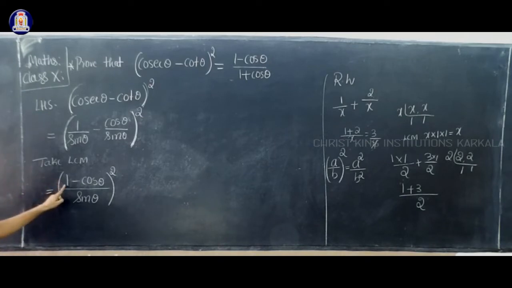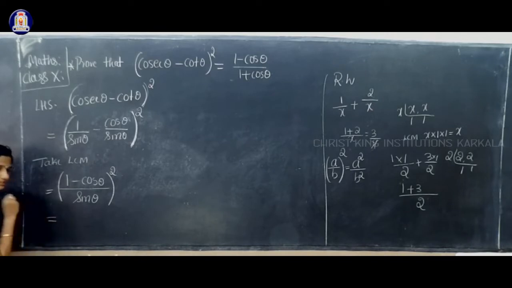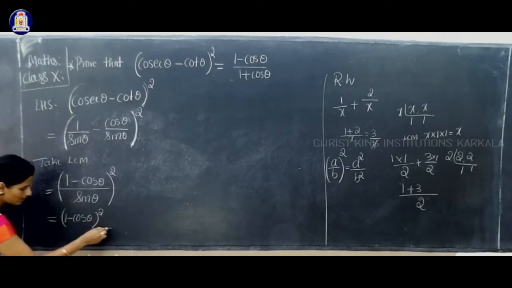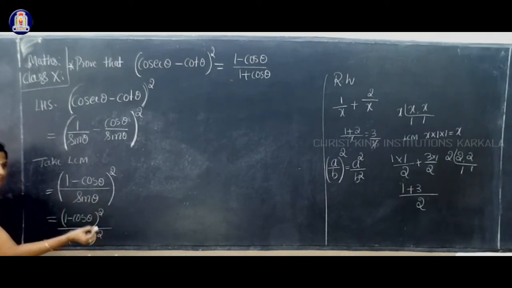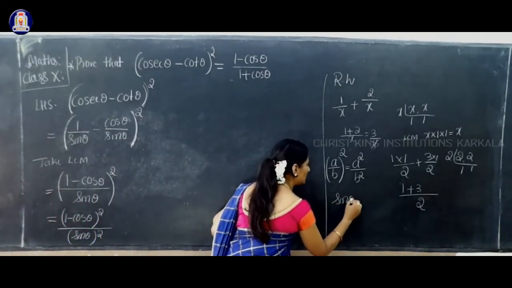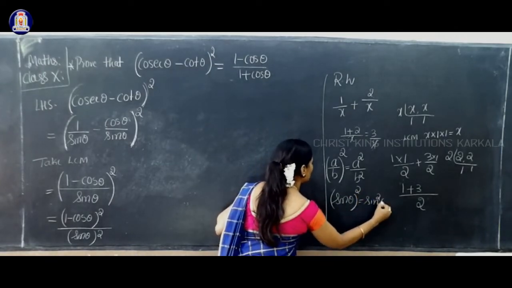So now similarly here, 1 minus cos theta divided by sin theta, that whole square is equal to, how to write this one? It is 1 minus cos theta whole square divided by sin theta whole square. Otherwise you can write sin square theta. Sin theta whole square is equal to sin square theta, right?